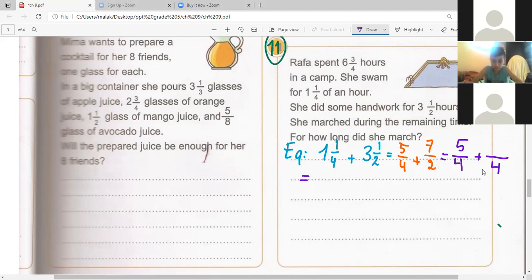Which number in table 2 gives us 4? 2. 7 times 2 equals 14. 5 plus 14, 19. 19 over 4. Okay, thank you. So 19 over 4 means how many hours?